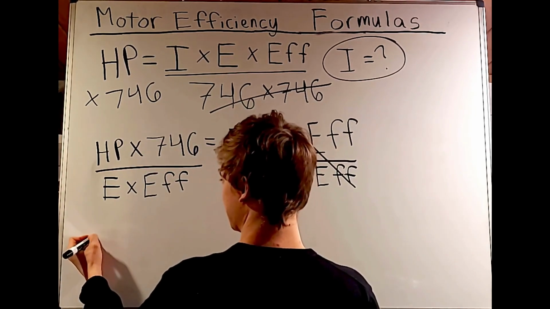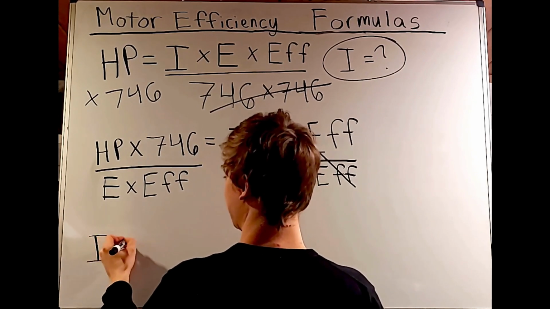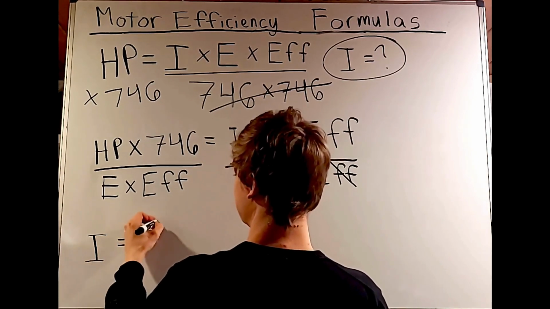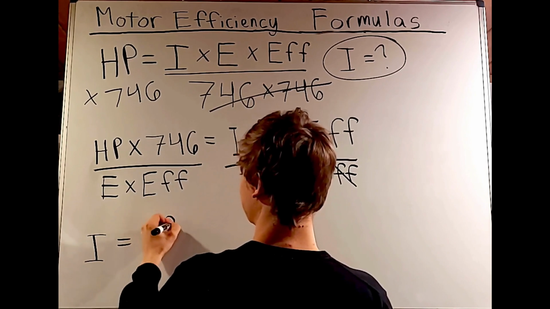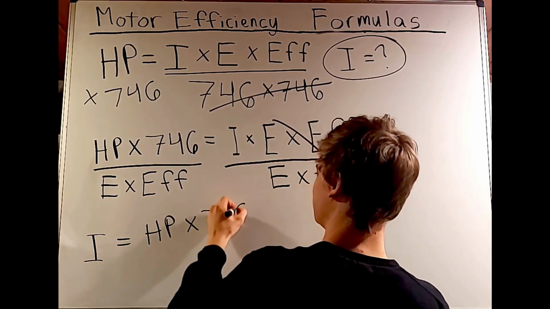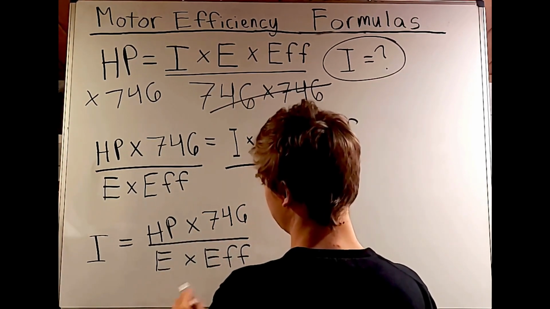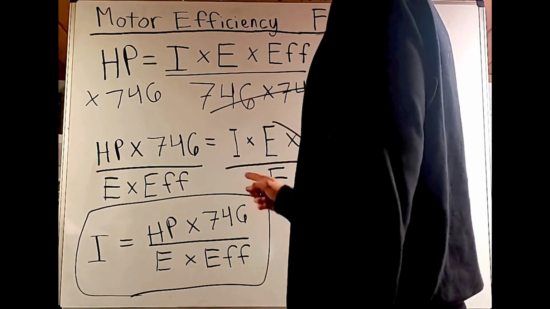Now I'm going to rewrite that with I starting on the left, and we get I equals the horsepower times 746 over voltage times efficiency. And that is our final answer there.